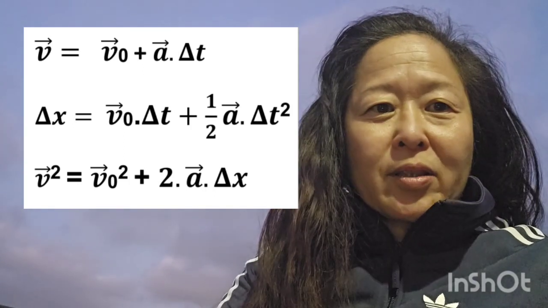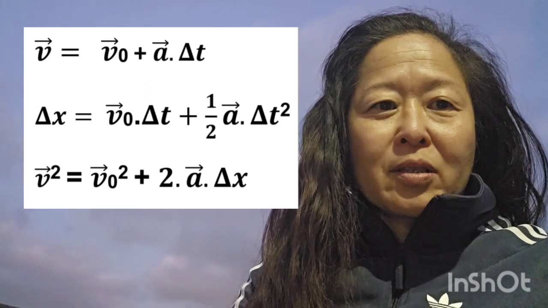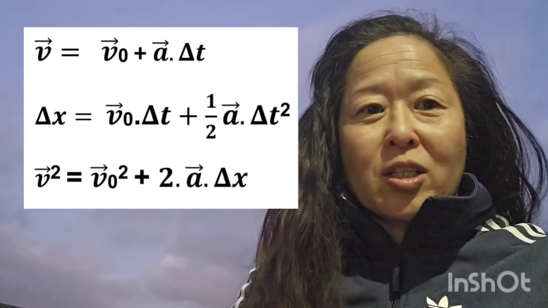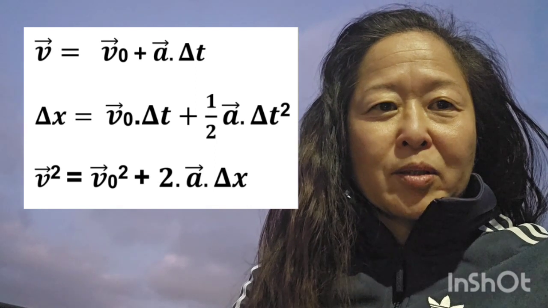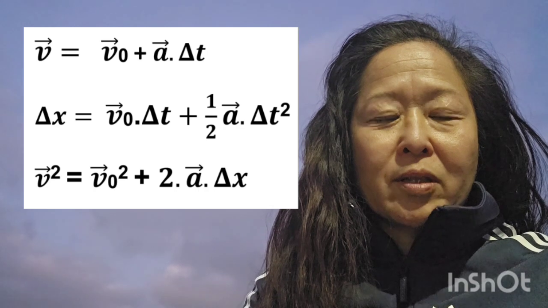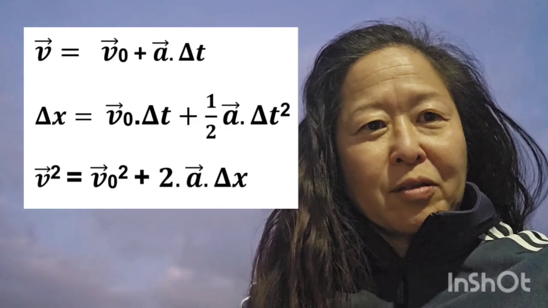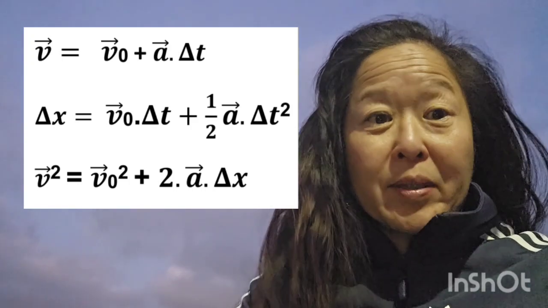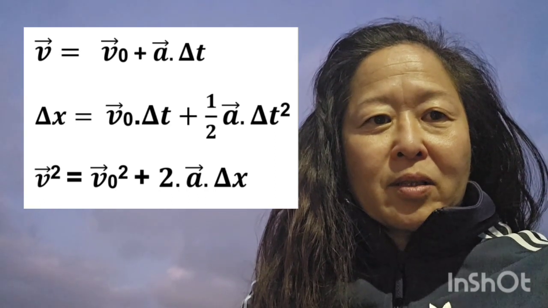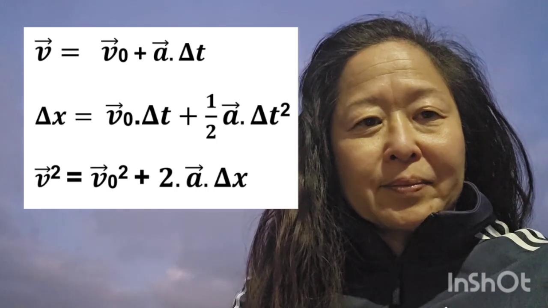Okay, so let's look at these 3. So the first one is velocity equals the initial velocity plus the acceleration times the change in time. So it looks in symbols like lowercase v with the arrow equals lowercase v with the arrow subscript 0. The 0 stands for time equals 0 seconds, so that would be the initial velocity at time equals 0 plus acceleration times, or lowercase a with the arrow times delta lowercase t.